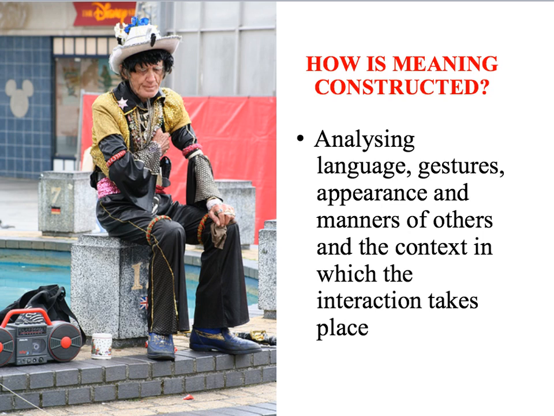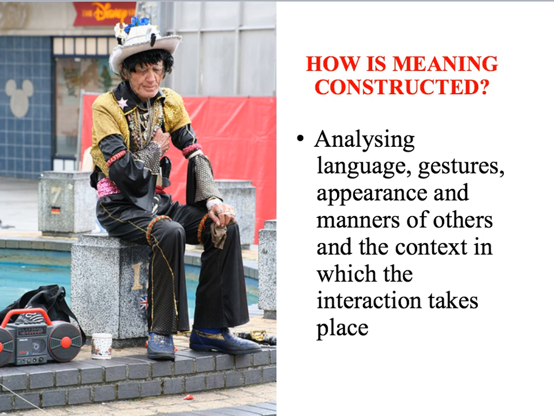So from the perspective of interactionism, human behaviour, unlike instinctive animal behaviour, is always based on interpretation of the meanings of other people's actions and the social situations in which we find ourselves. And we actively create culture through this social interaction. And our interpretations, of course, are based on our experiences. And by interacting with other people, we learn to take the role of the other and see ourselves as others see us.